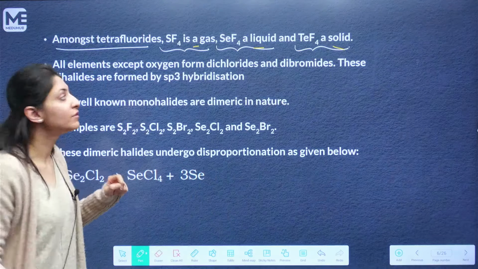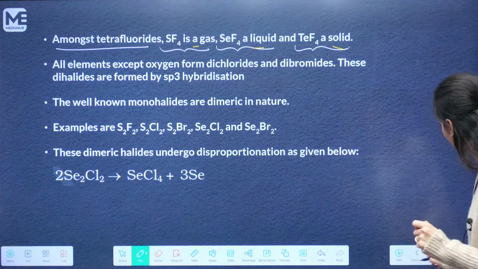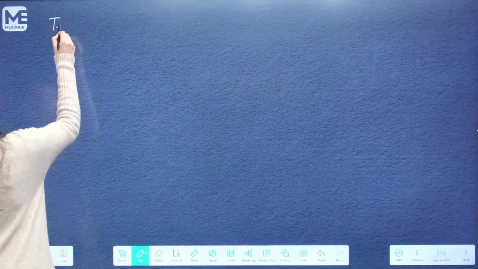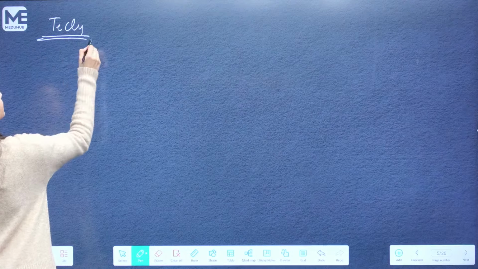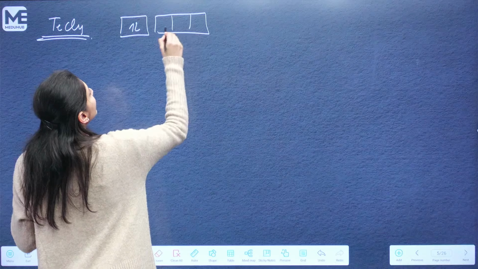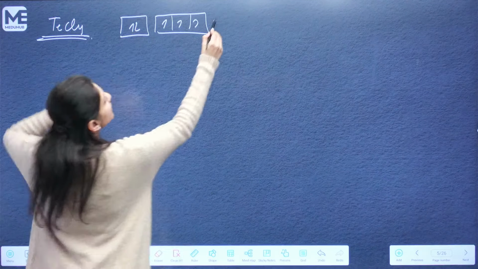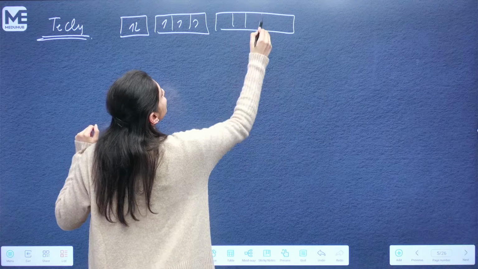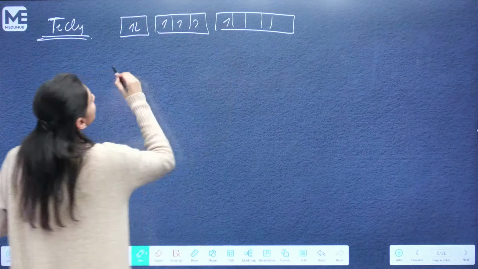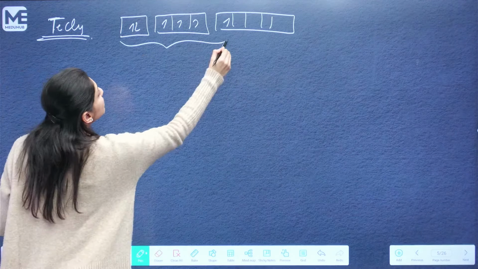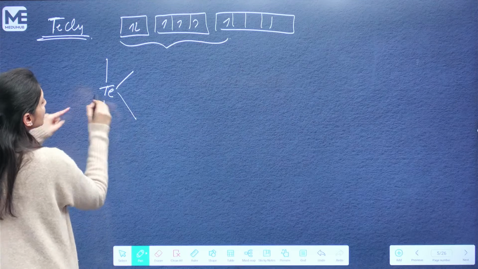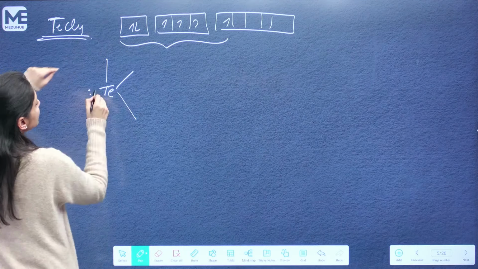So if we talk about tetrafluorides like SF4 or TeF4 or TeCl4, for a tetrafluoride to be formed, one electron from here gets excited to the 4d level or the 5d level of tellurium, and the shape of the molecule here would be this, with one equatorial position occupied by this lone pair.